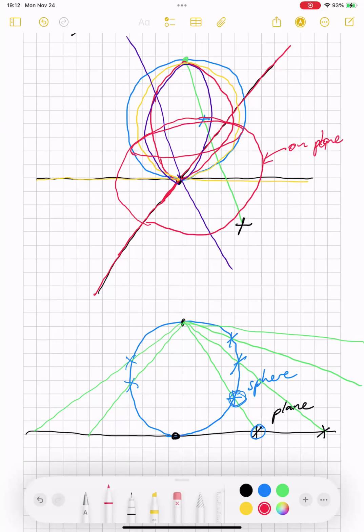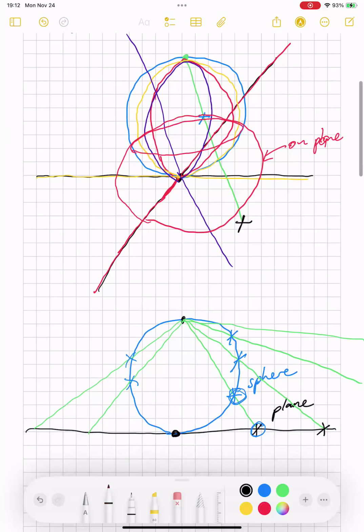And one thing that you could notice here, so hopefully I'll be able to draw it, is that here there's a 90-degree line between this yellow line and the red line. And on the sphere sitting over here, this is also a 90-degree line because you've got a line of latitude and a line of longitude. So this 90-degree between the two lines has been preserved, okay, from the plane to the sphere.